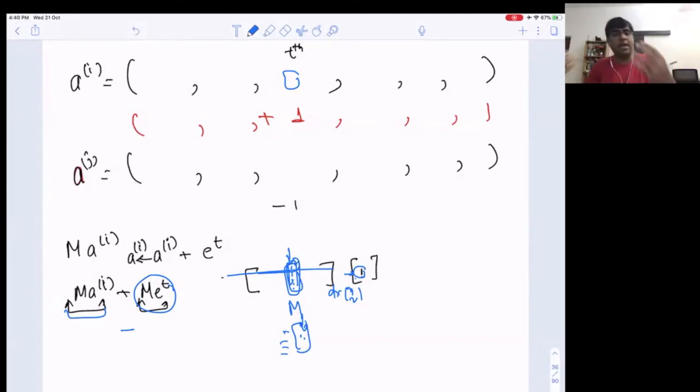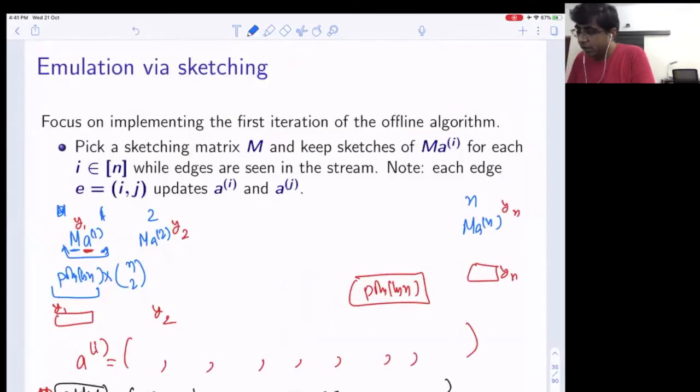So this is what I meant when I say that whenever you have a linear sketch, you can do this kind of update operation if you are able to generate the columns of this matrix on the fly, because you have a vector, you generate this column, multiply with the multiplier and add those two to update your new y i. So this is how we can update this.